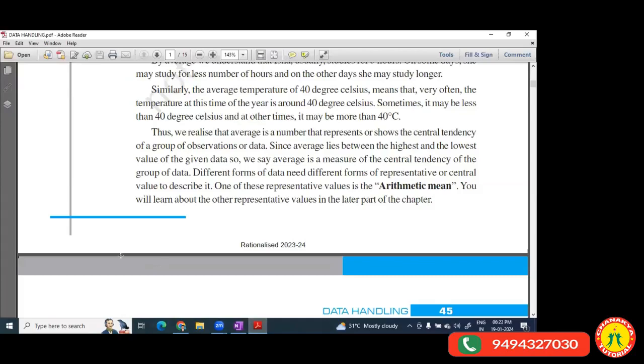So now we will do the exercise problems. This is your textbook.